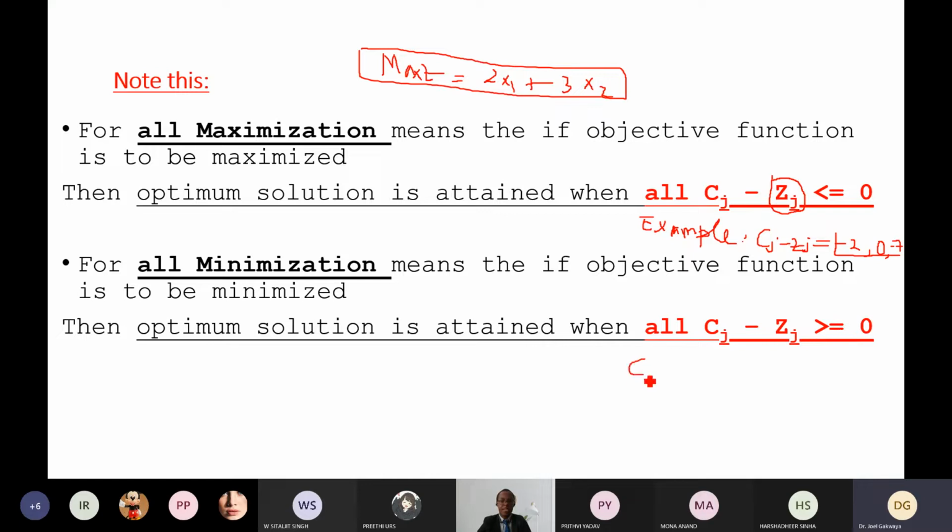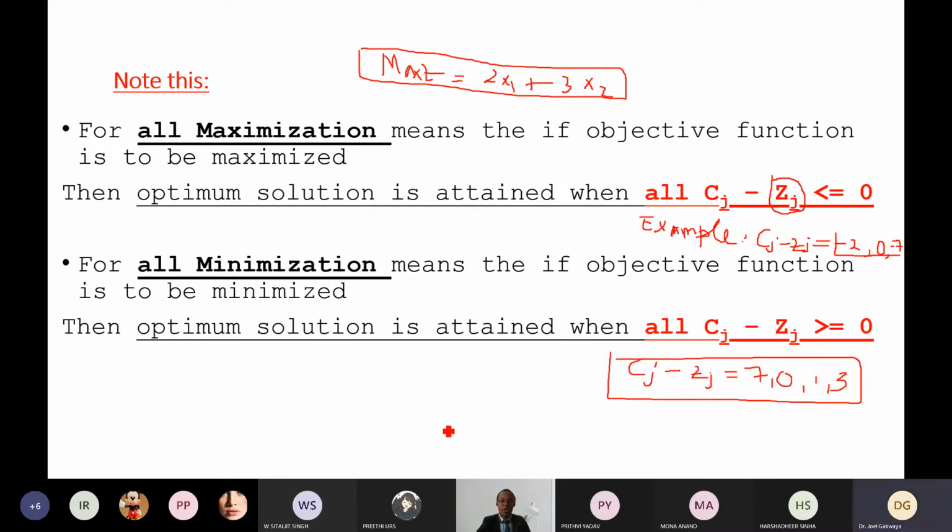Means if Cj minus Zj equals 7, 0, 1, 3, at this moment we know that the minimum cost is being attained.